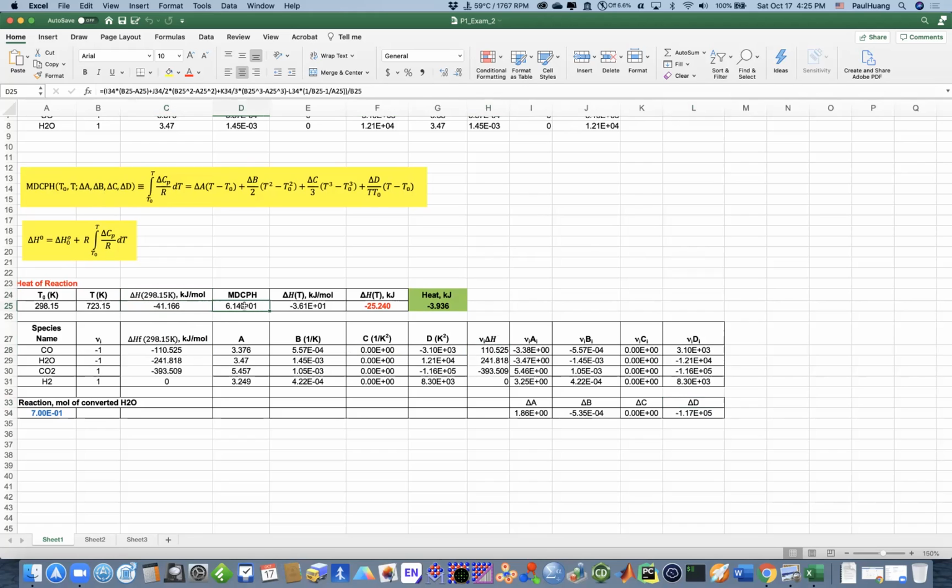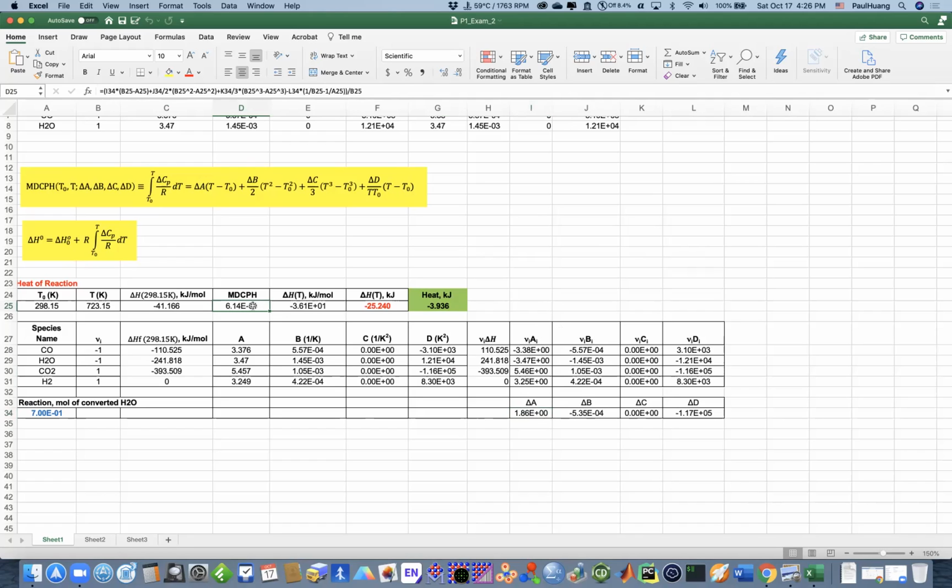And then this one comes out of the MDCPH calculation. Make sure you have this delta A value correct. This is the delta A for the reaction, and you need to think about the use of stoichiometry values, which is why you multiply the stoichiometric numbers by the corresponding A, B, C, D coefficients to receive delta A, delta B, delta C, delta D.